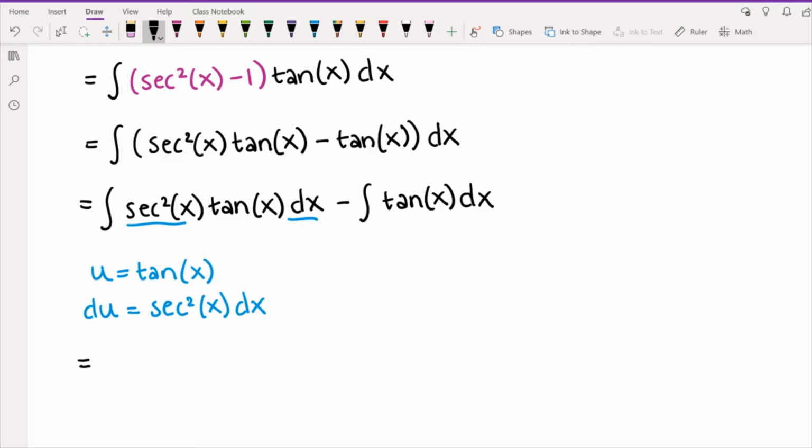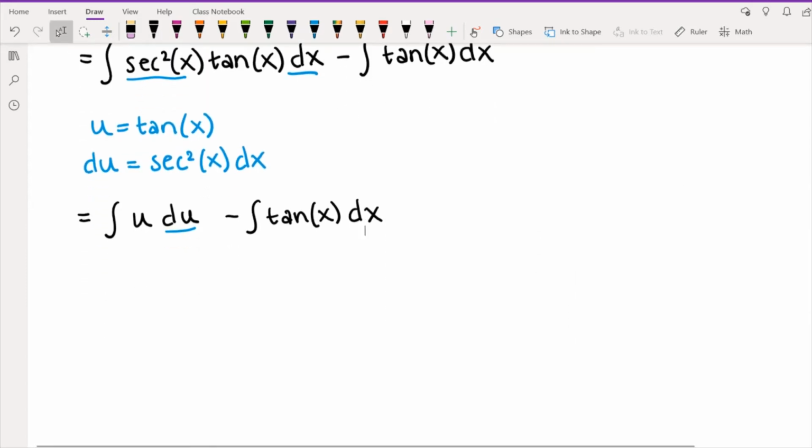So when we apply our substitution, now we're going to have the integral of u times du. So this du, again, came from the secant squared times dx. And then we have minus the integral of tangent of x dx. Okay, so what is our antiderivative for this first one? Well, it is u squared over 2.